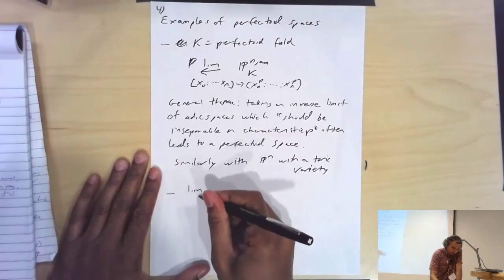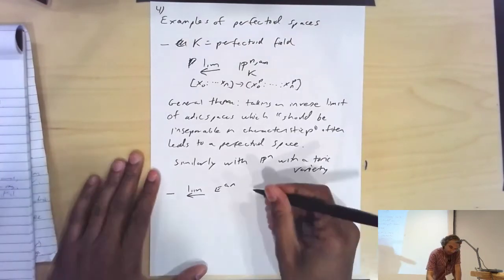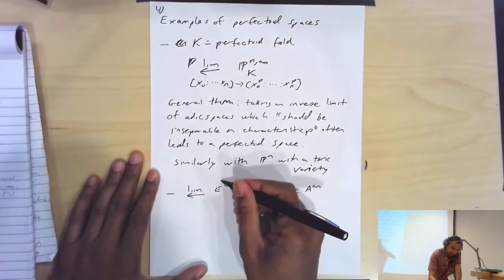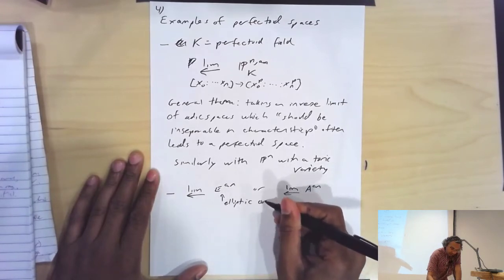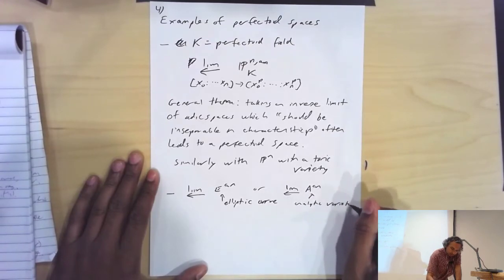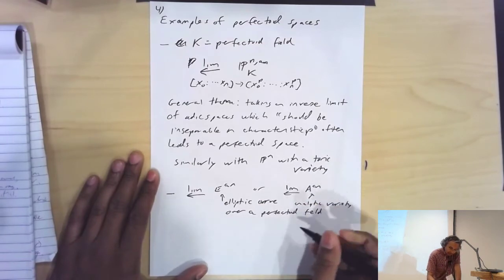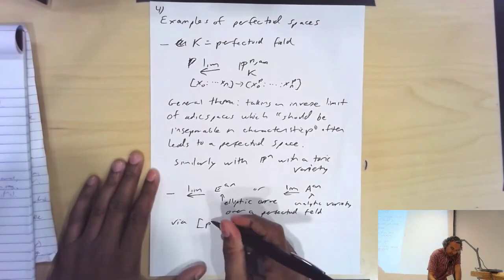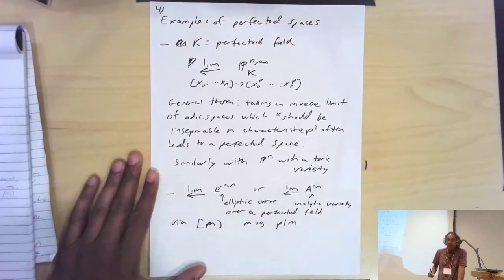So, for example, if you take the analytification of an elliptic curve, or more generally, an abelian variety, over some perfectoid field, and this inverse limit is via multiplication by some, well, let me just say some integer m, which is divisible by p.